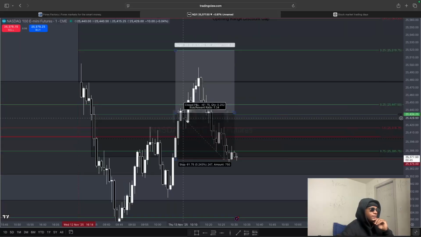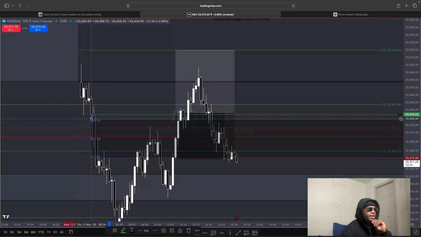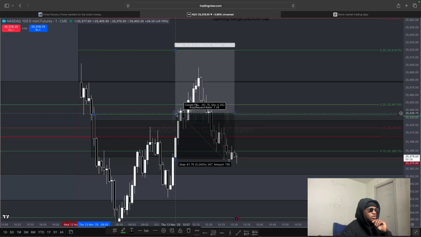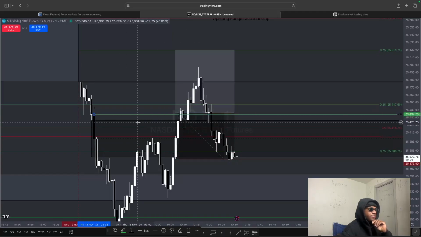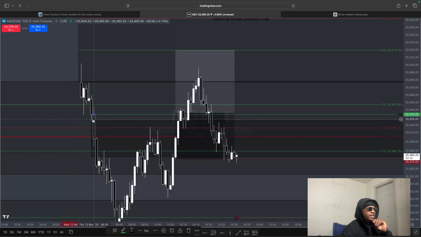We get a closure and make this sell side balance, buy side inefficiency an inversion. What else was there? Order block. Once we push above this candle's opening price, it doesn't have to be a candle close, that creates an order block.